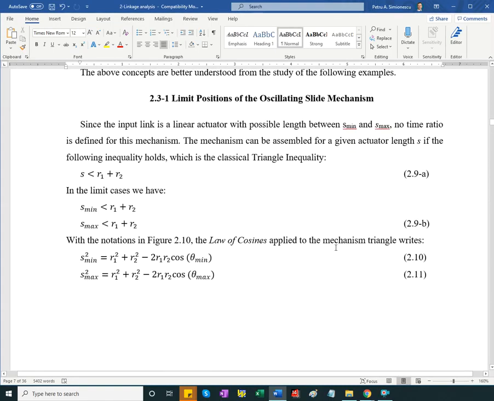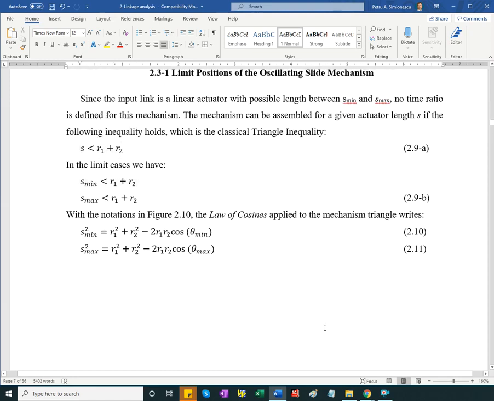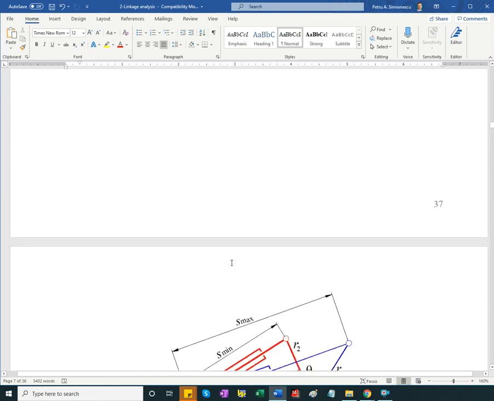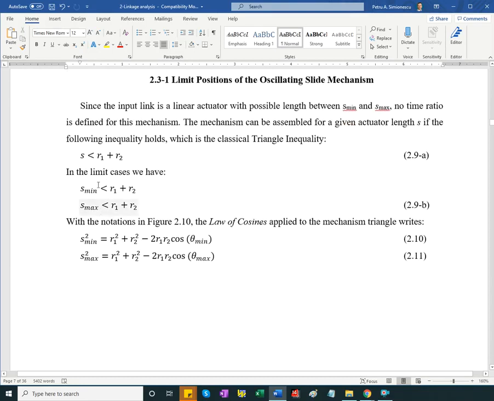And firstly, to be able to assemble it, we need to have this. Is the triangle inequality clear? So between S min and S max, I can have a current S, the stretch or extension of the hydraulic cylinder, and I want S to be at all times less than the sum of the other two.